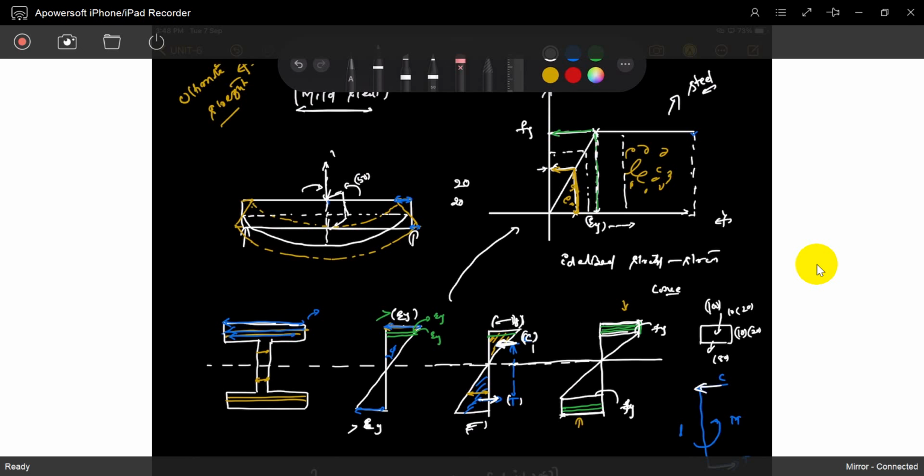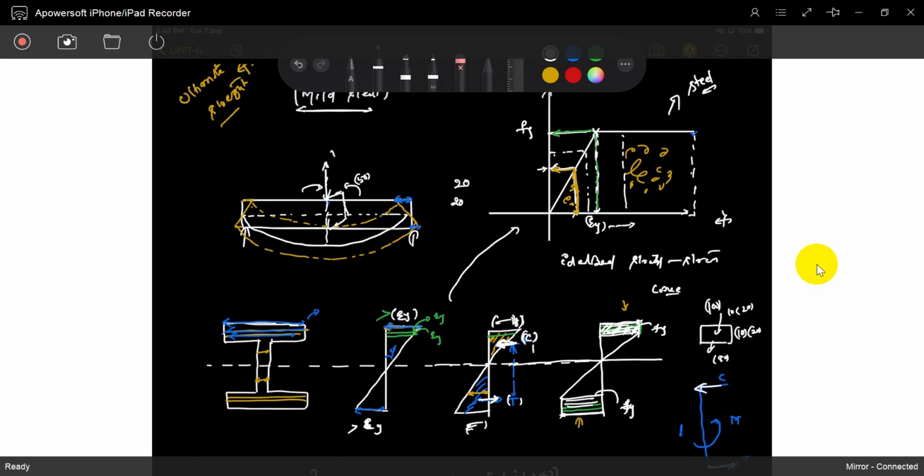Outermost edges all reach the elastic stresses. This stress or this force we didn't consider in the elastic analysis, but in plastic analysis we consider this stress also. That is the idea, that is the ultimate strength analysis. We will consider this strength also.